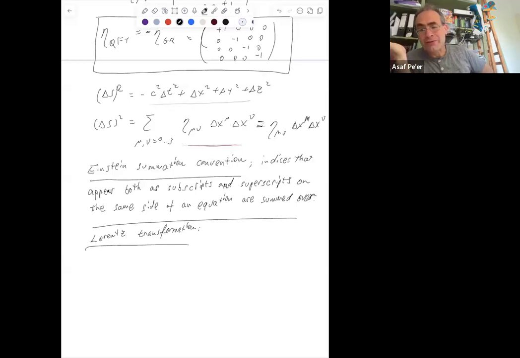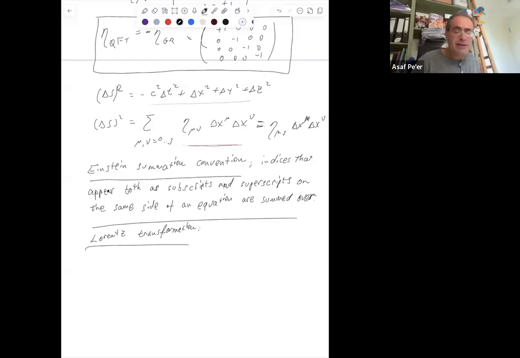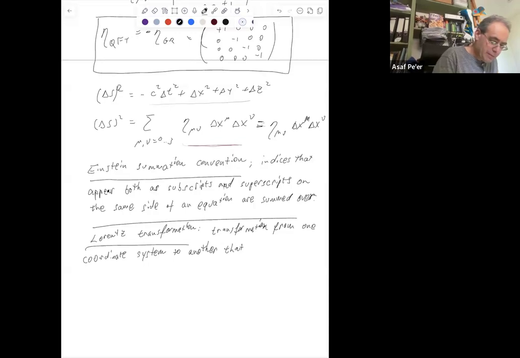Two inertial frames, or two coordinate systems, that conserves the interval. That's all. A Lorentz transformation is defined as a transformation from one coordinate system to another that conserves the interval. That's the important point. Well done for saying that.